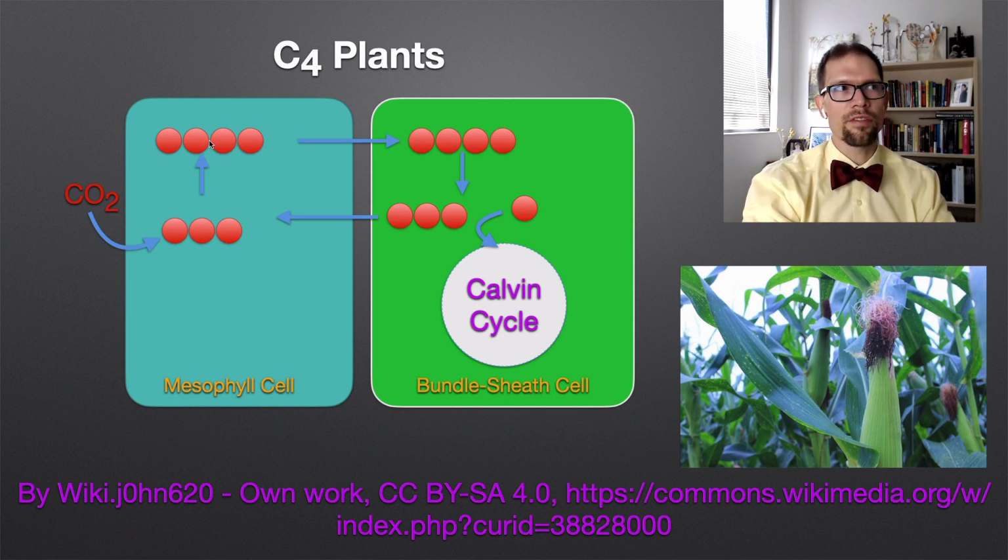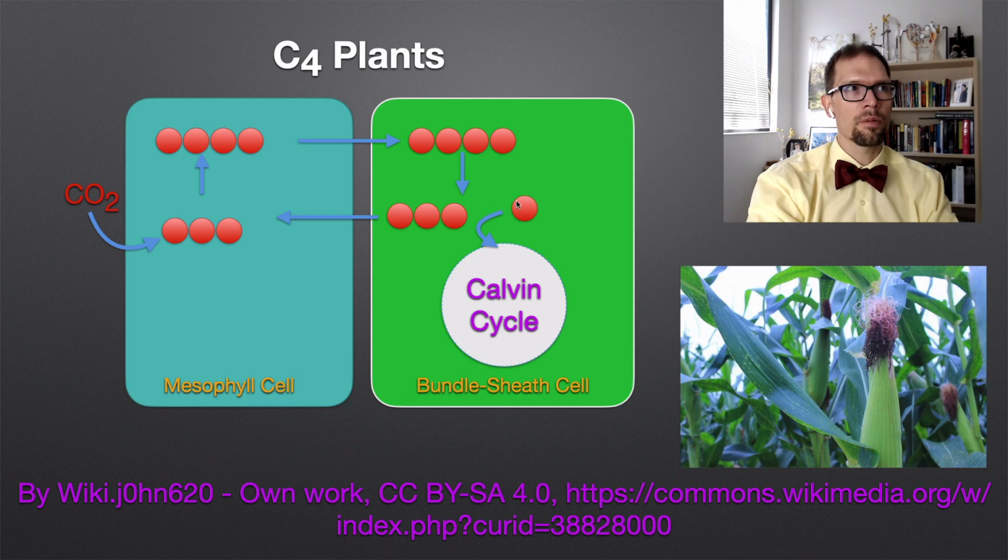Then they take this 4-carbon molecule into a different cell of the plant, where it releases the carbon that was captured and incorporates it into the Calvin cycle, and then take the 3 carbons back to the other cell so it can go through this process again. So it's a spatial solution: capturing carbon dioxide in one cell and fixing it in another cell.